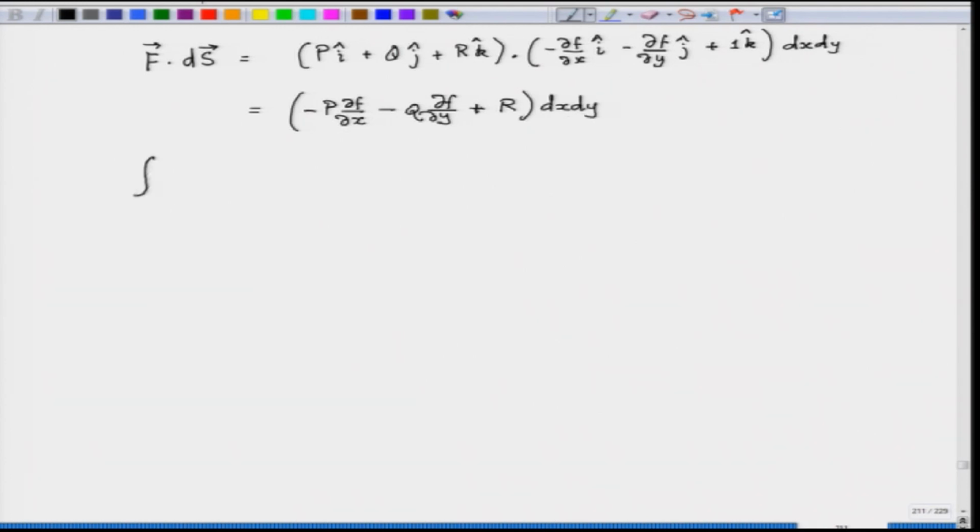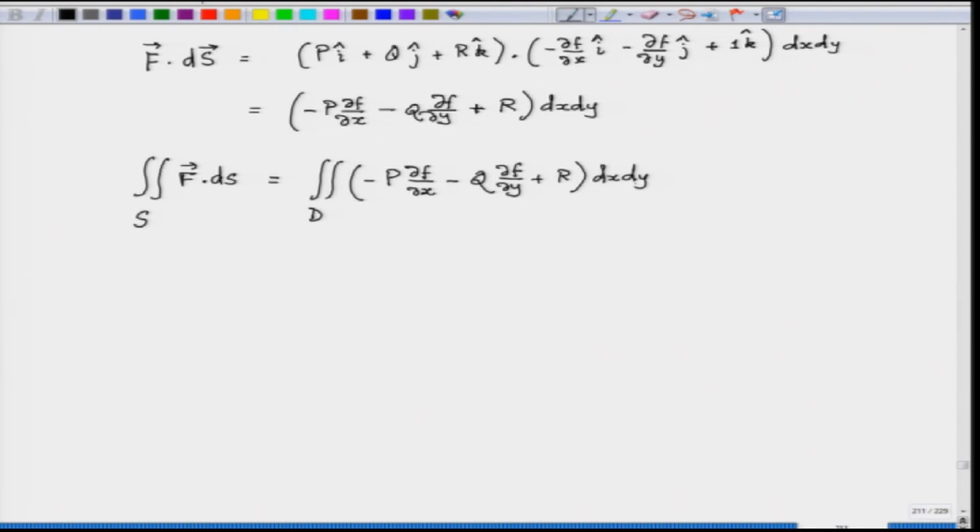So, the surface integral of F dot dS over S can be written as the integral over some domain D, whatever the domain, could be R2 also, of minus P of del f del x minus Q of del f del y plus R dx dy.